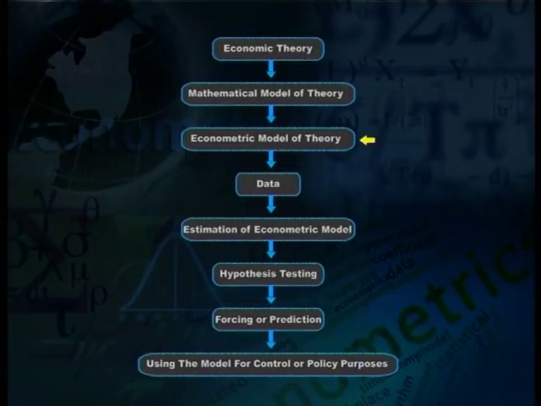Then after finding the econometric model, we have to collect the data. After collecting the data, we have to estimate the parameters. Then after estimating the parameters, we have to test the hypothesis. Then finally, forecasting and using the model for control or policy purposes.